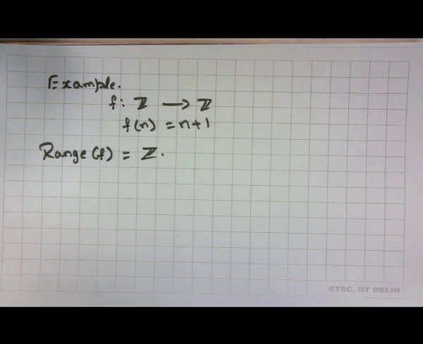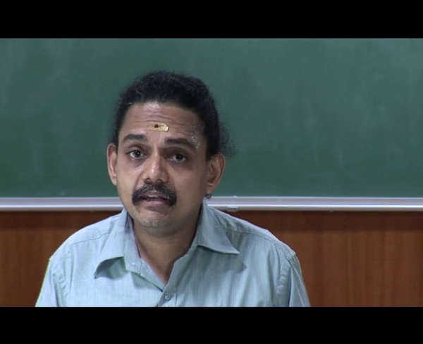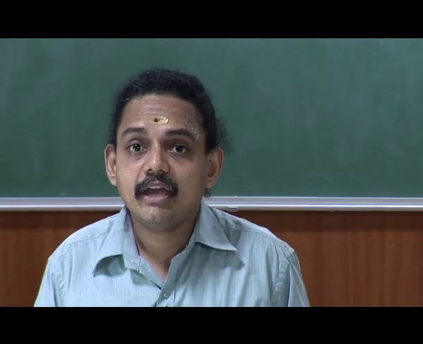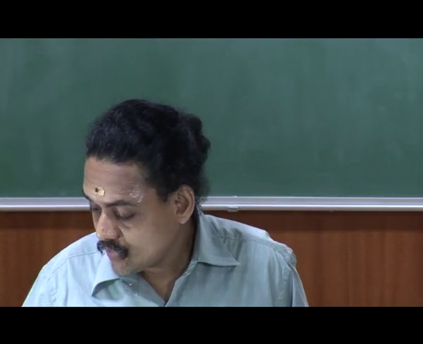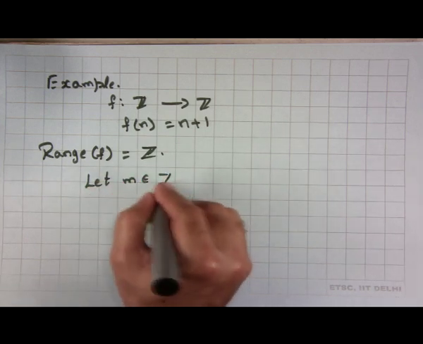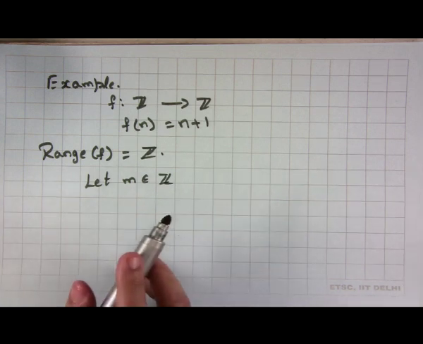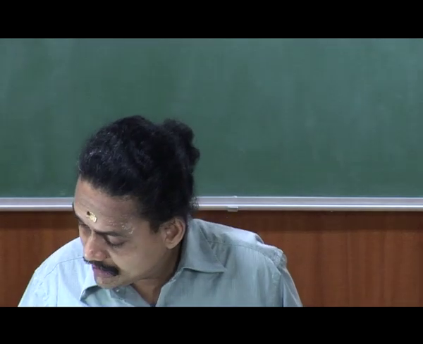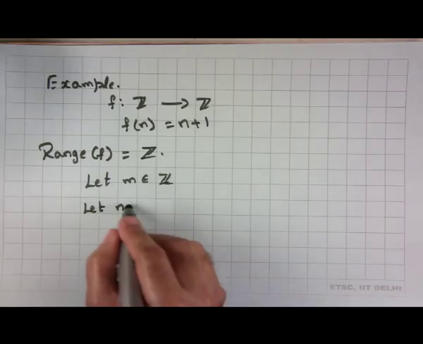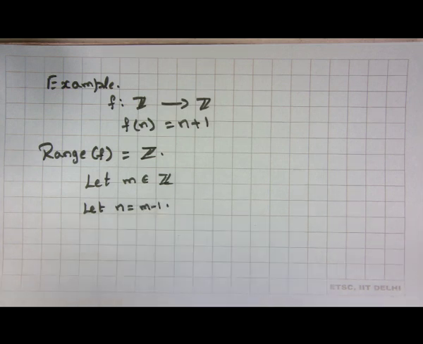That means, given any m in Z, one will have to produce an n such that f of n is m. So, let m in Z. I will have to produce an n such that f of n is m. So, let me choose n as m minus 1.